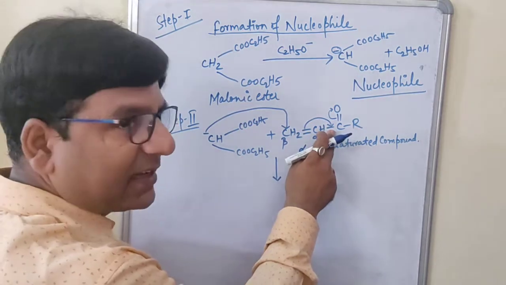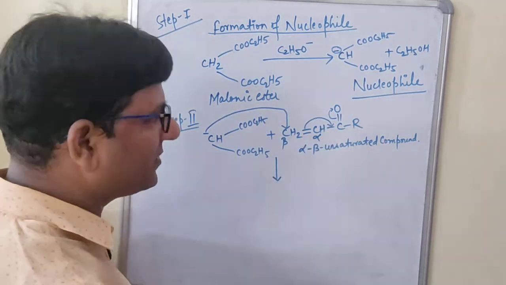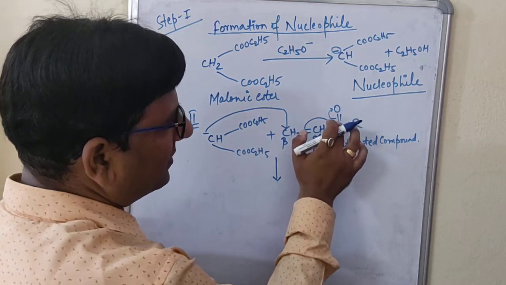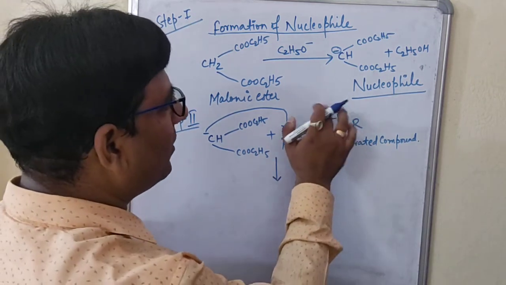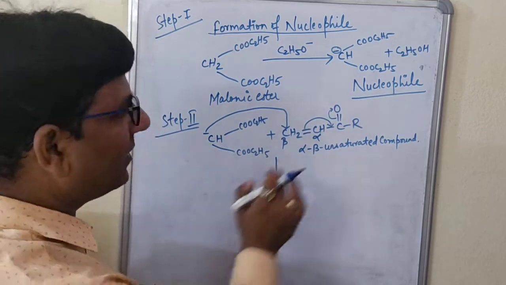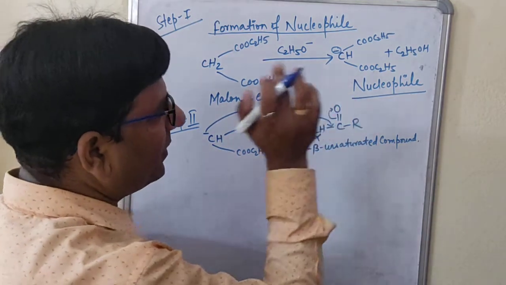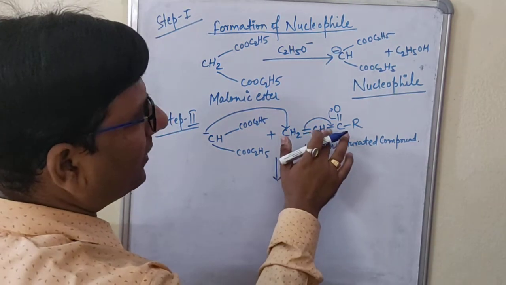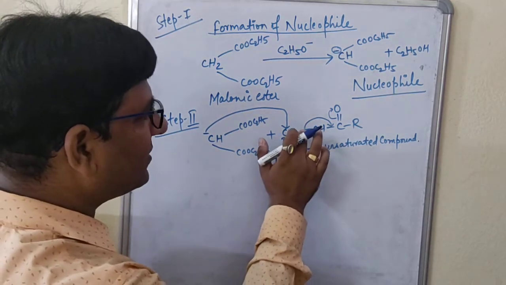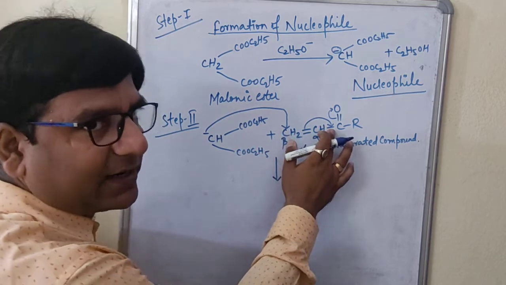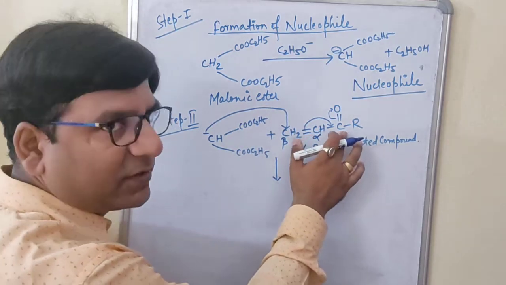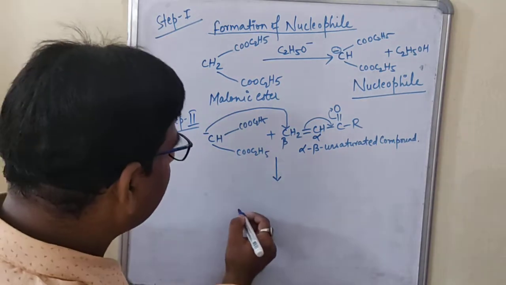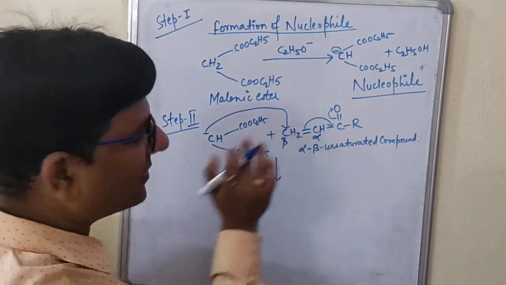This carbon is the next adjacent carbon, and the carbonyl bond, C double bond O, will break onto this oxygen. When it breaks, there will be a negative charge here. You don't have to write a positive charge, because the double bond has already shifted to this side, so there will be no positive charge on this carbon, only the negative charge on the oxygen.